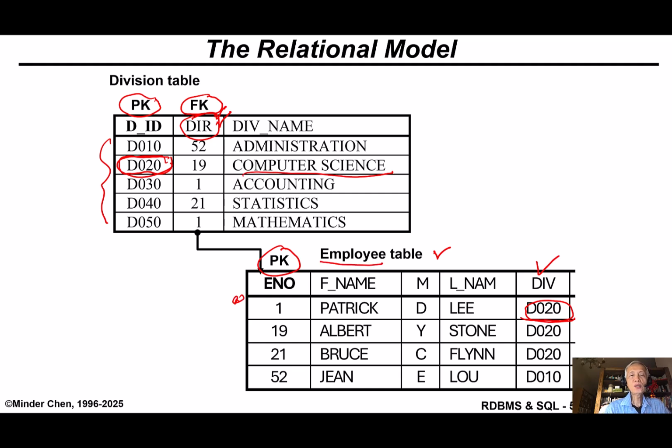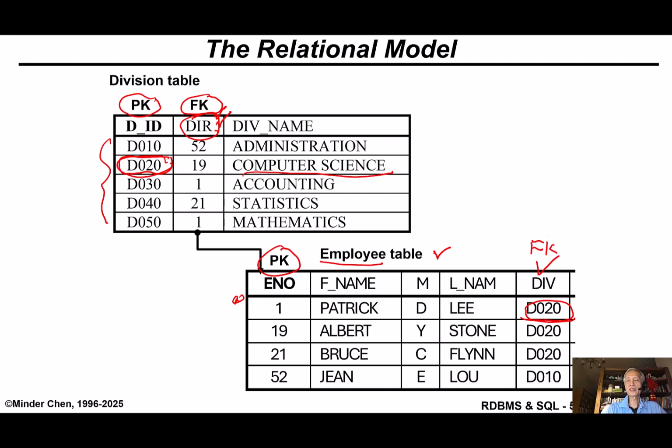So when you have a column in a table that is used in another table as a primary key in that table, then the column in this current table is called a foreign key. So if we follow that definition, division is also a foreign key.